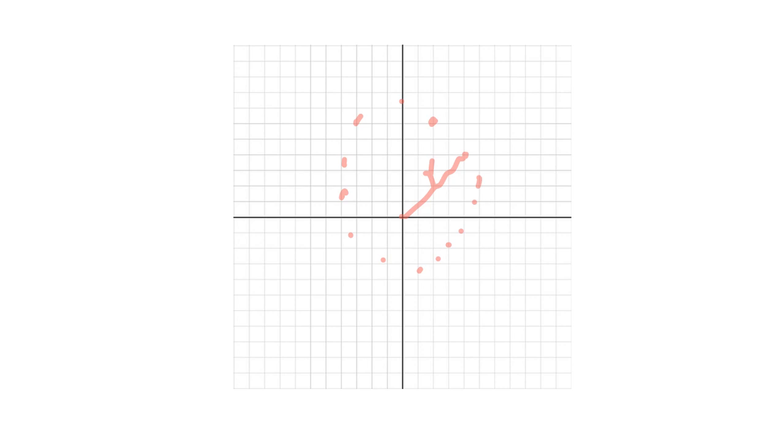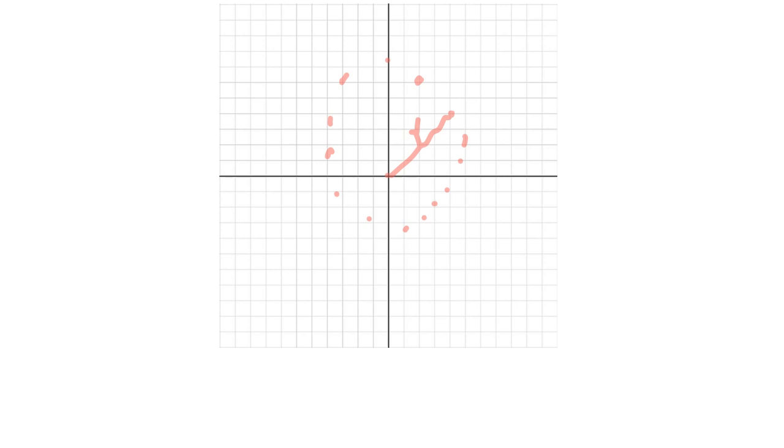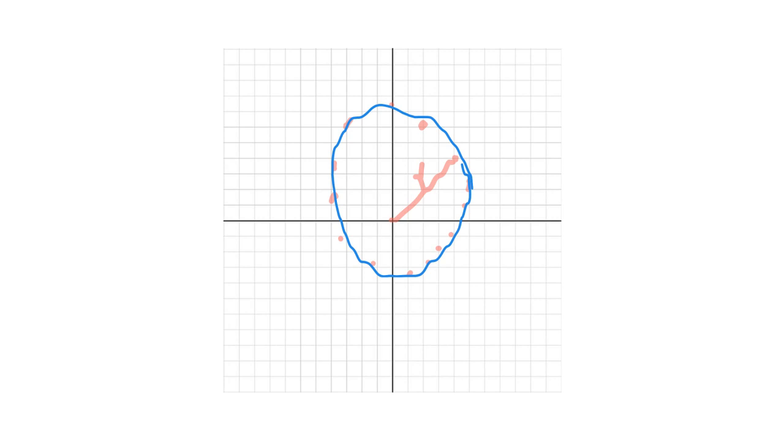I'm going to try my best to draw at least a somewhat perfect looking circle. I couldn't do a perfect job of it, but you get a sense. So all these points on the circle are exactly away from the center.